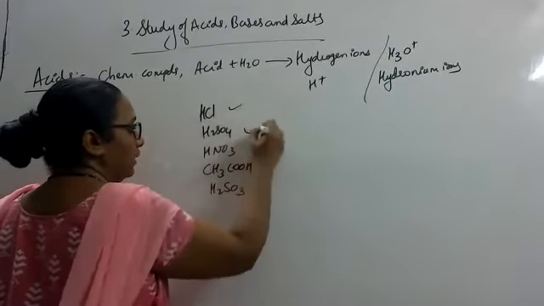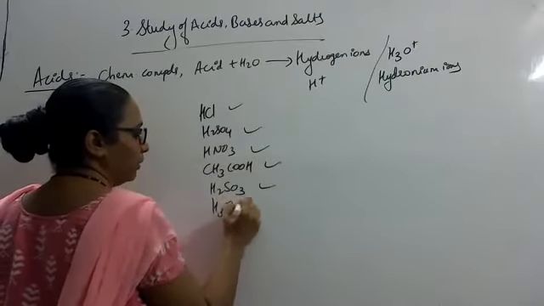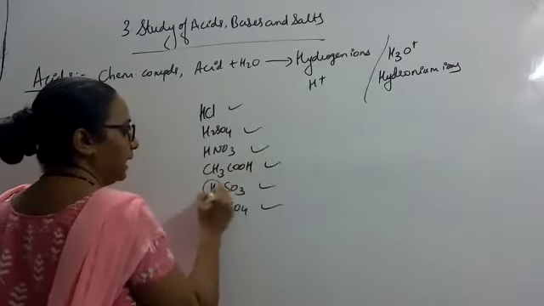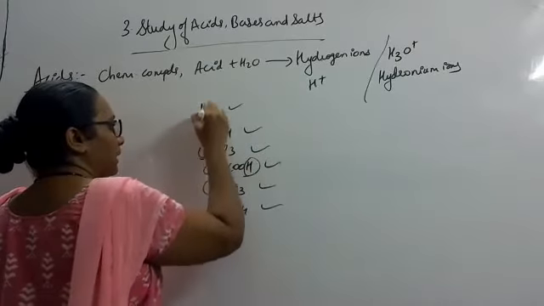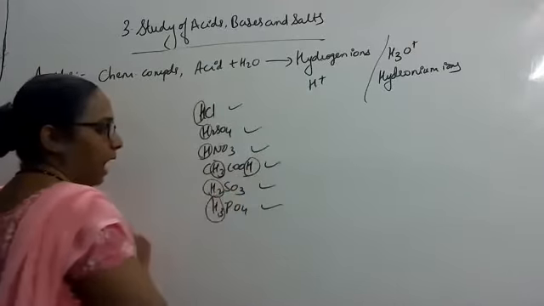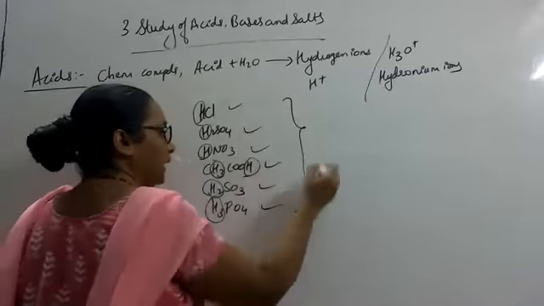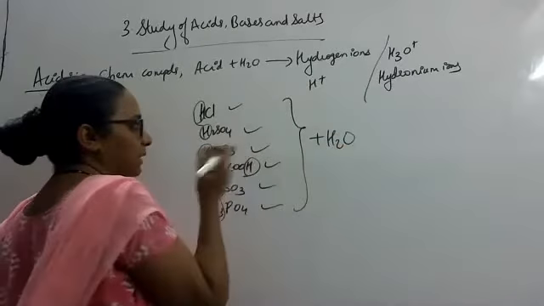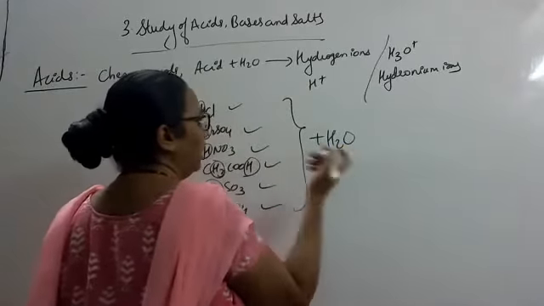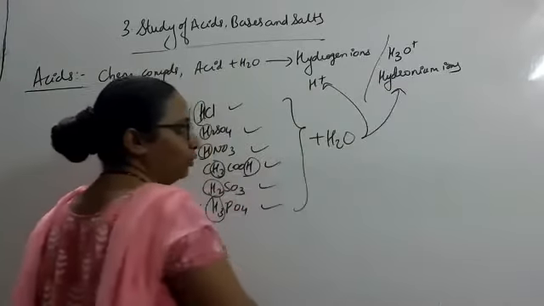You can see all of them compulsorily contain hydrogen. All these acids contain hydrogen atoms, and whenever an acid reacts with water, it is going to form a hydrogen ion or a hydronium ion.